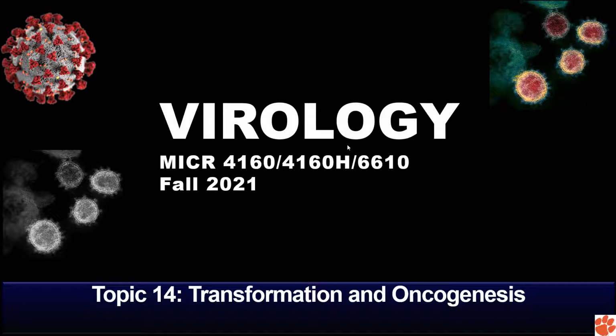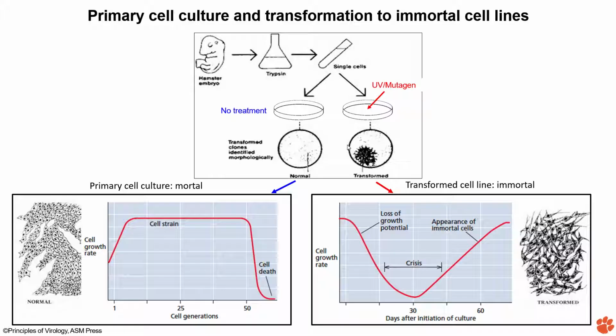If you ask many scientists about the contribution of virology, it's a direct contribution to our understanding of cancer, and there is no question. You are going to see how. So let's take a look.